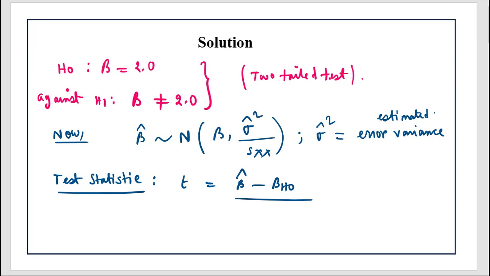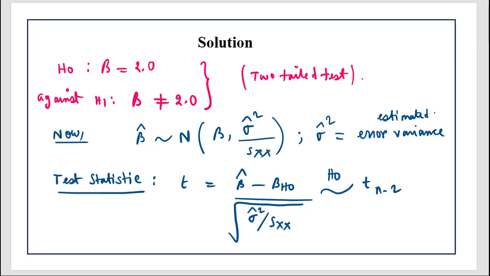What is the standard error of beta? It's simply the square root of the variance, so sigma cap square upon Sxx, under root. Under H naught, this will follow a T distribution with n minus 2 degrees of freedom, right?